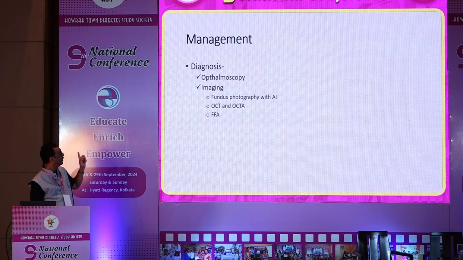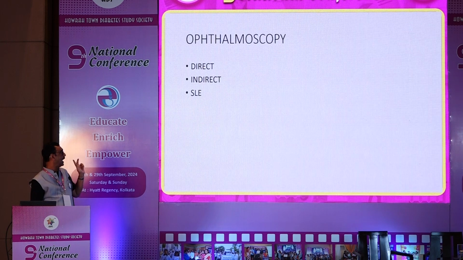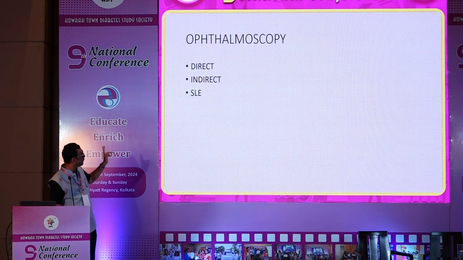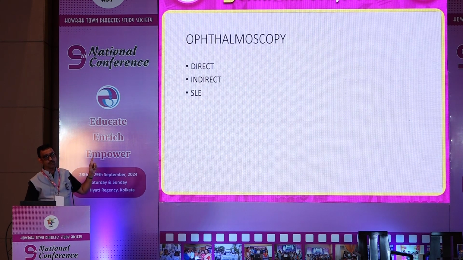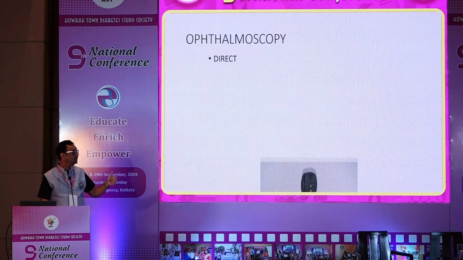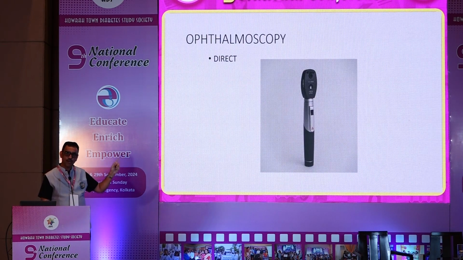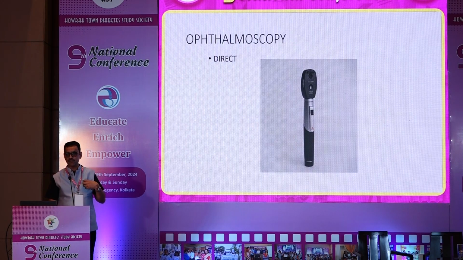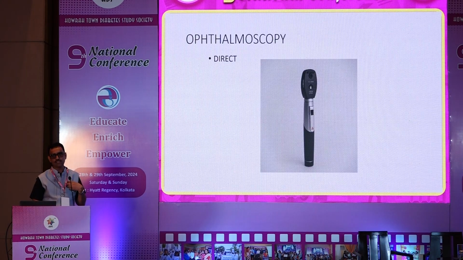Ophthalmoscopy and imaging. In ophthalmoscopy we have the direct ophthalmoscope, the indirect ophthalmoscope, and the slit lamp examination. The direct ophthalmoscope is something you've all seen. It's a pocket ophthalmoscope which we all used to carry when we were students, and most of my medicine colleagues do carry this.